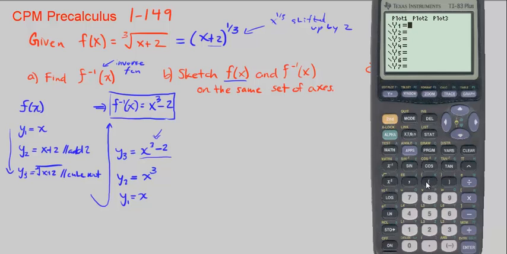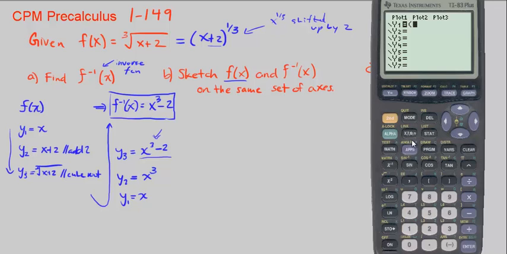So first we have x plus 2 to the power of 1/3, and I'm going to put the power in parentheses, so it's not just to the power of 1 and then divided by 3. And then we have x cubed minus 2.